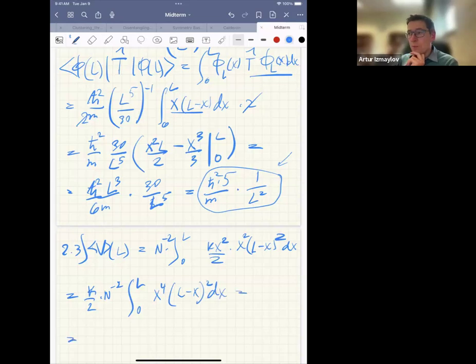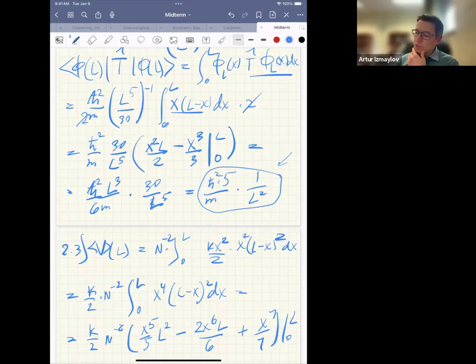And if you open this up, you're going to get k over 2 n to the minus 2, x to the 5th over 5 L squared minus 2x to the 6th L plus x to the 7th divided by 7 from 0 to L. So essentially the integral you get here is the same as the integral you got in the first problem when you normalized.